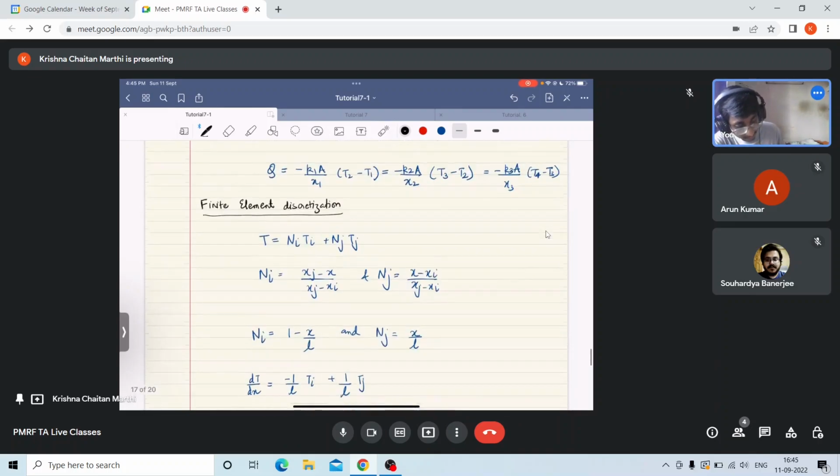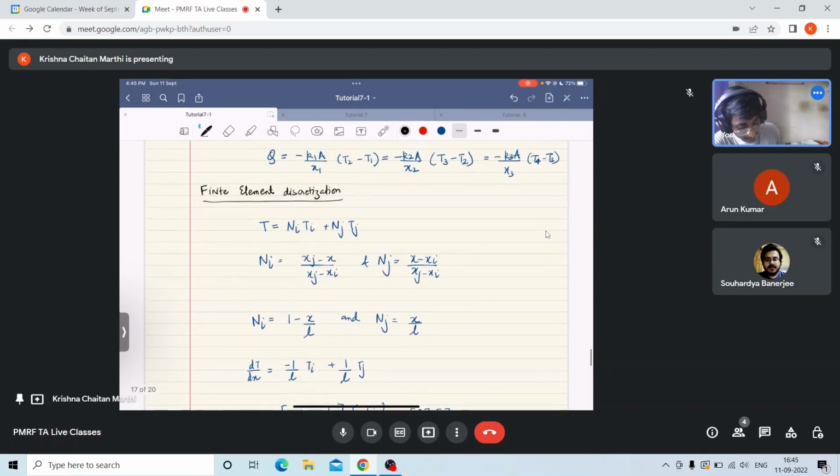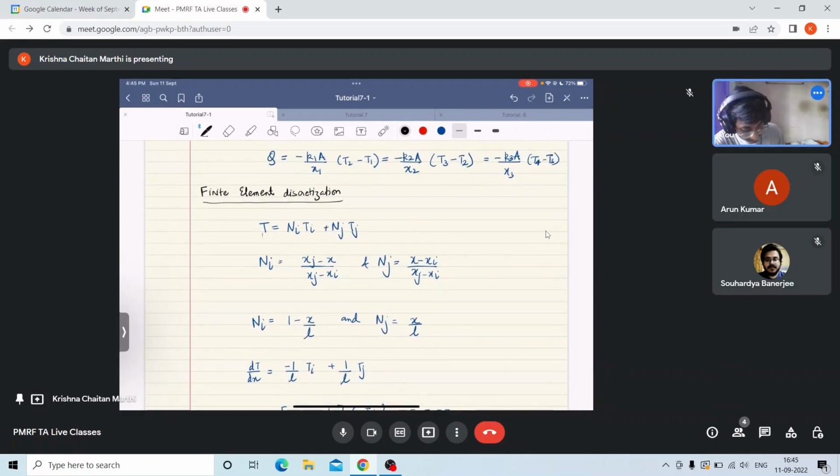and here I can write my T as Ni Ti plus Nj Tj, and my Ni is basically xj minus x divided by xj minus xi. My Nj will be x minus xi divided by xj minus xi.